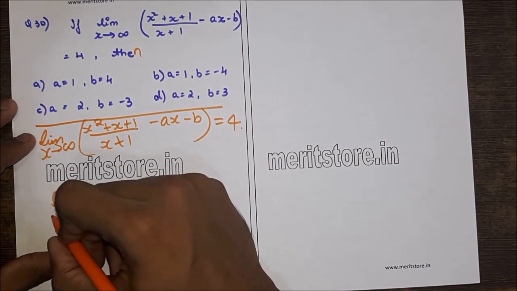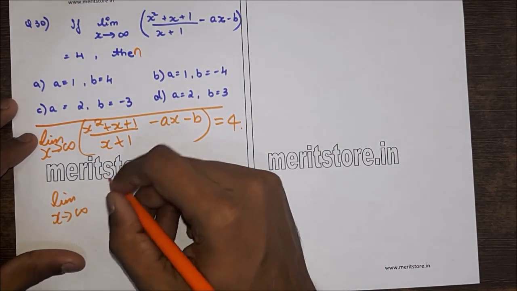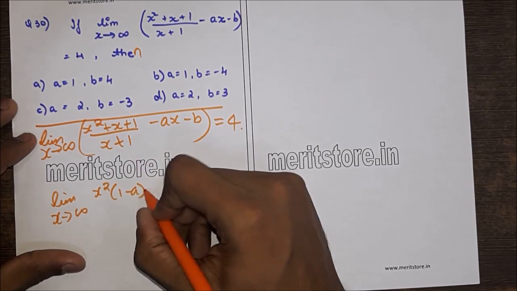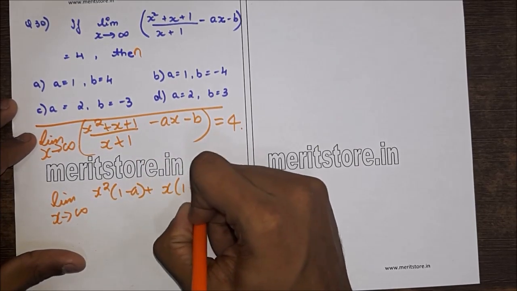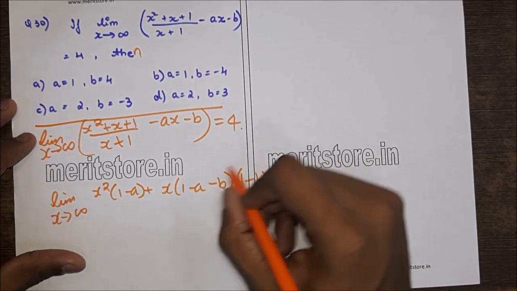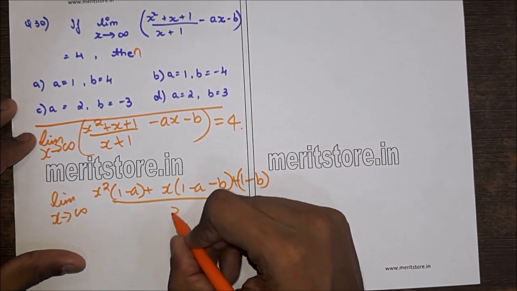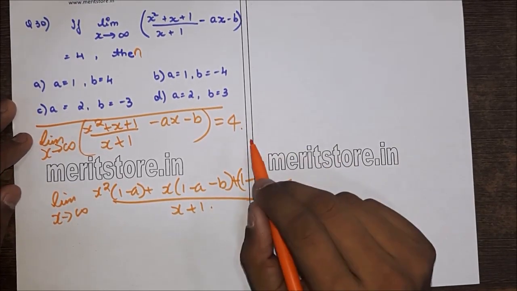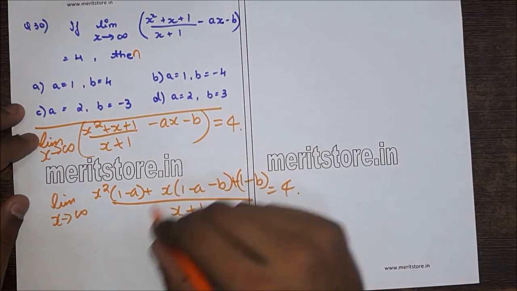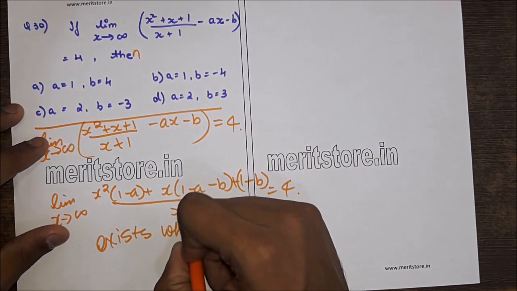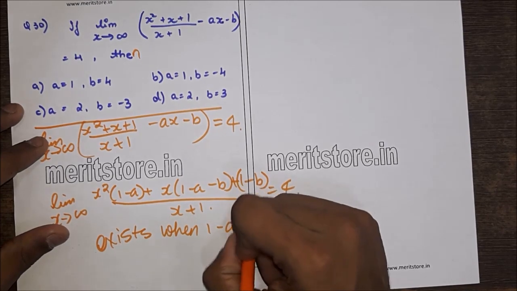Then we write limit of x tends to infinity, and expanding terms we have x square into 1 minus a plus x into 1 minus a minus b plus 1 minus b upon x plus 1 equals 4. Now the limit is finite and it exists when 1 minus a equals 0.